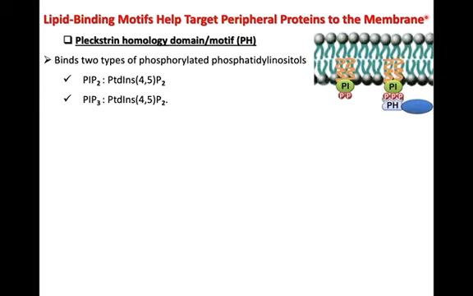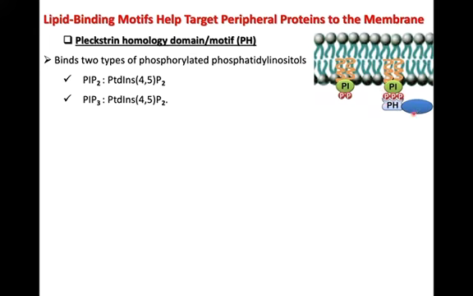So you can see here, this is the phospholipid bilayer, and these two types of molecules, which are PIP2 and PIP3, differ only by one phosphate. It is a special type of phospholipid that exists in the lipid bilayer.